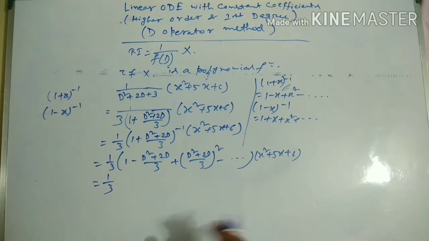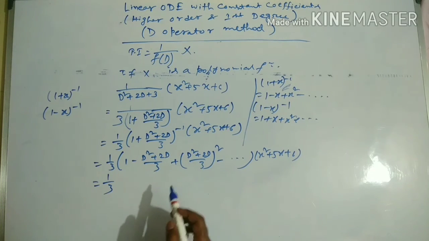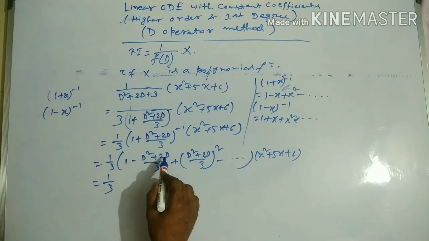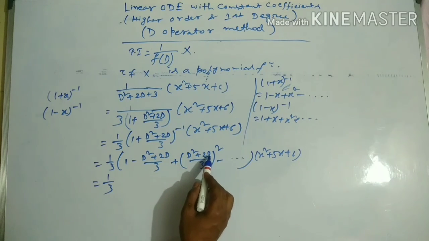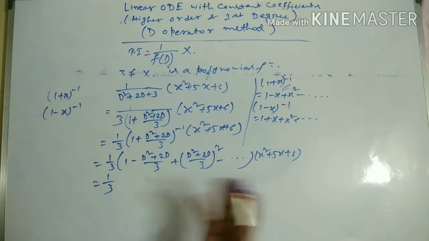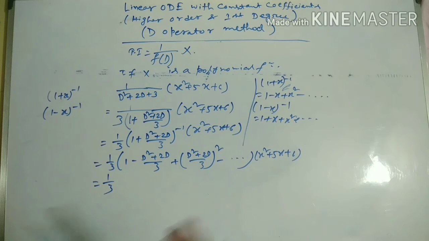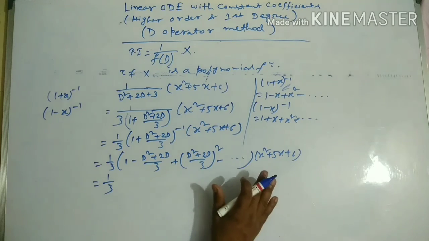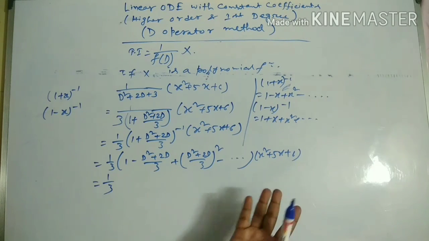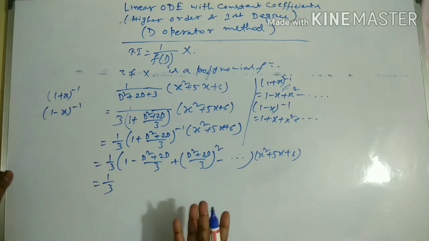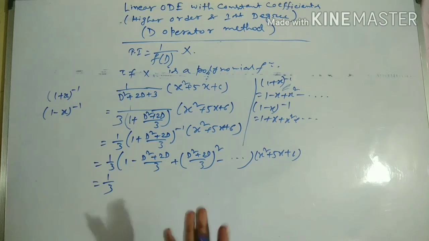So in this expansion there is d, and in this term there will be a d square if we expand this, and in all the remaining terms the power of d will be greater than 2, and the result of those operators operating on this function will all be 0. So you first have to see till how many times the function can be differentiated, and on that it depends till how many terms you write this infinite series.